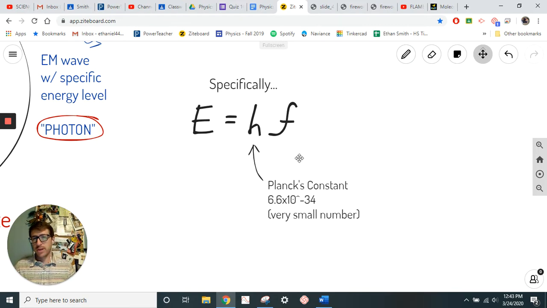Each wavelength has a specific frequency, and therefore it has a specific energy. That amount of energy in joules is equal to the frequency times Planck's constant, which is 6.6 times 10 to the negative 34th. It's a very, very small number, okay? So that's the amount of energy that a specific wavelength has.